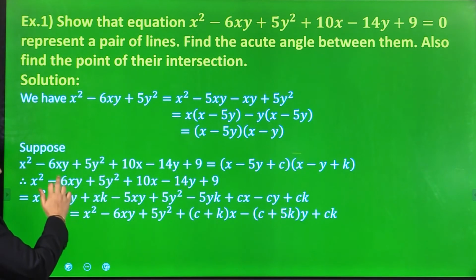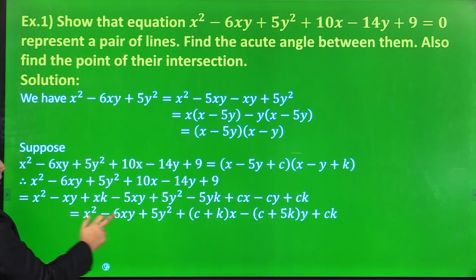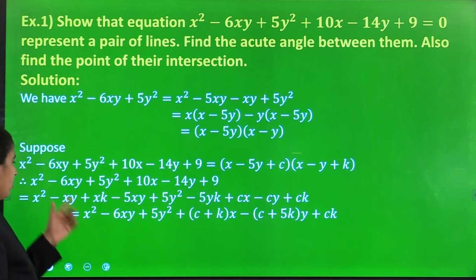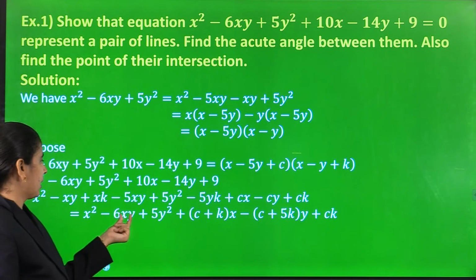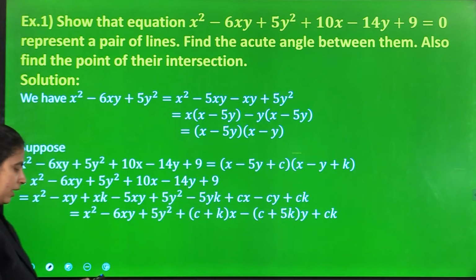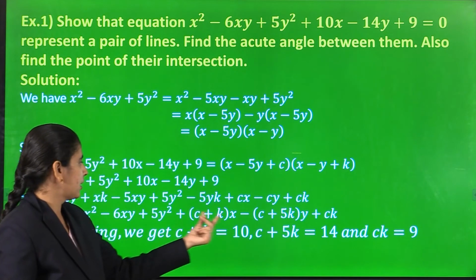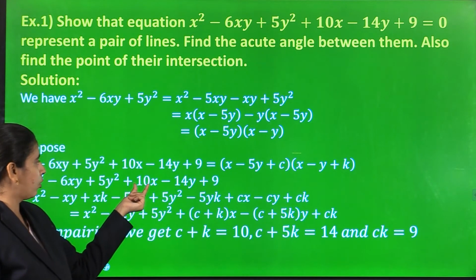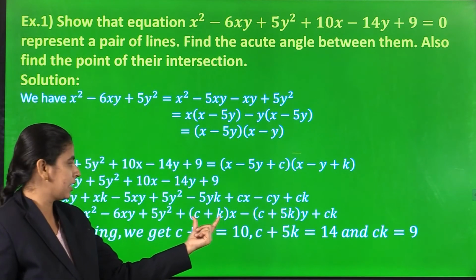Now compare the coefficients of the left hand side and the right hand side. You get the coefficient of x square is the same, 1 and 1. Comparing the coefficients of all terms, x square, xy, y square, x, y and the constant terms, you will get three equations. See, in the left hand side the coefficient of x is 10 and in the right hand side the coefficient of x is c plus k.